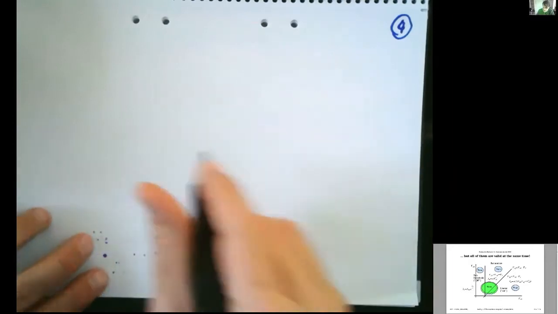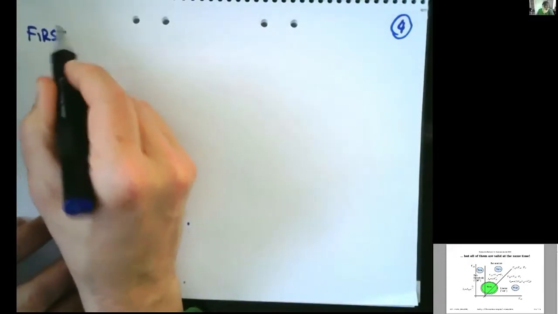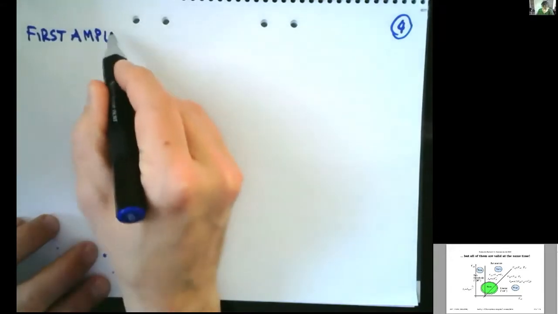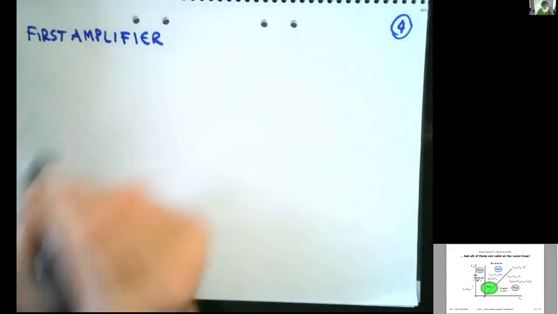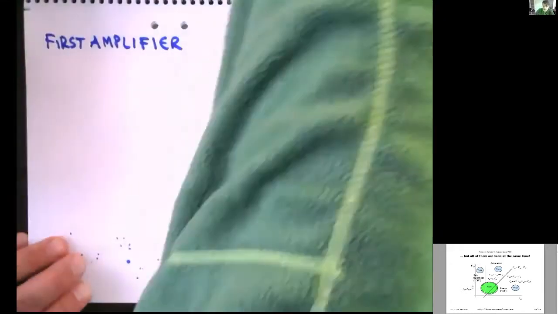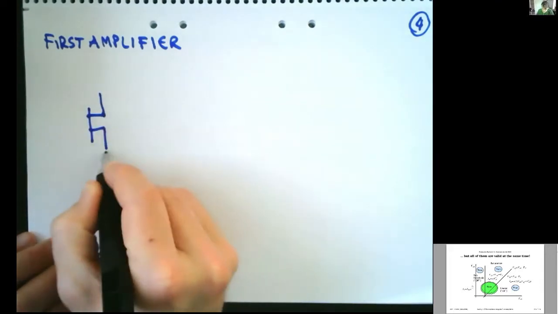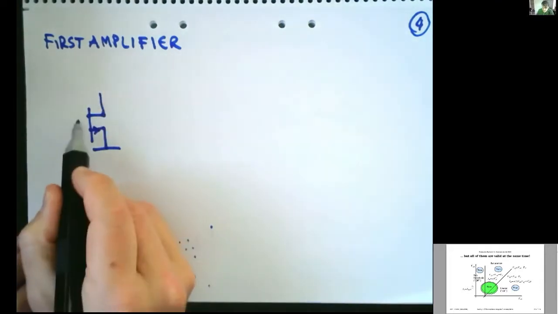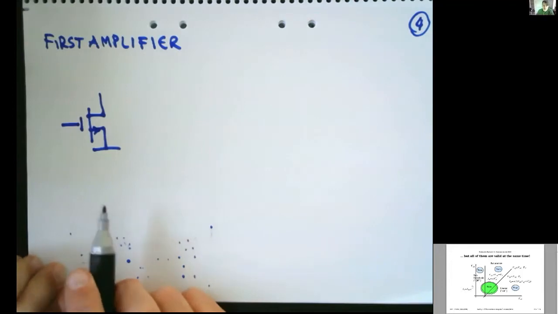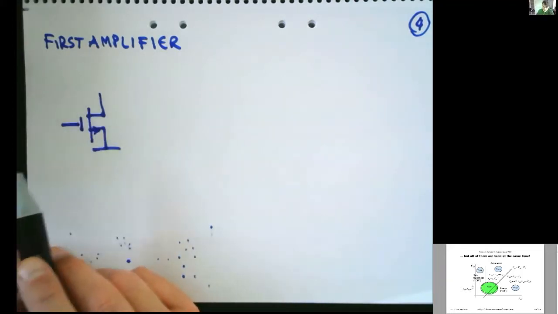Right, so let's do our first amplifier. We have already actually said that we had an amplifier in the transistor itself. So in some sense, this is already an amplifier, but I have to take care of that current coming out there.